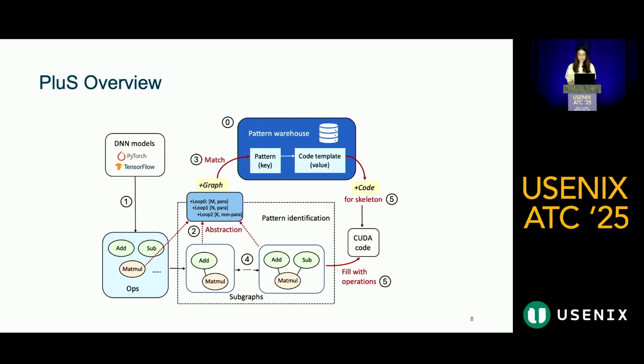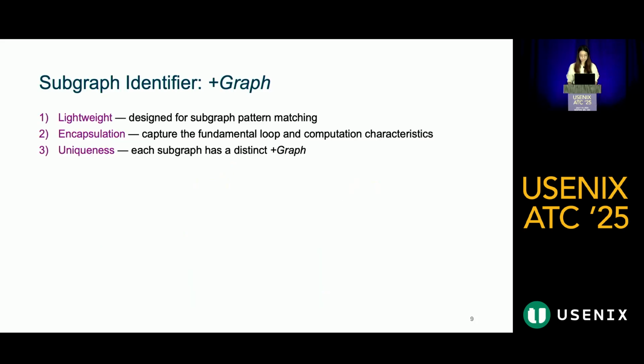Each operator is then expressed as a PlusGraph. Next, PluS uses a pattern identification process to find subgraphs that match the patterns stored in the pattern warehouse. Finally, it generates code for these subgraphs using the PlusCode templates from the warehouse and automatically fills in the trivial operations to produce the final CUDA code.